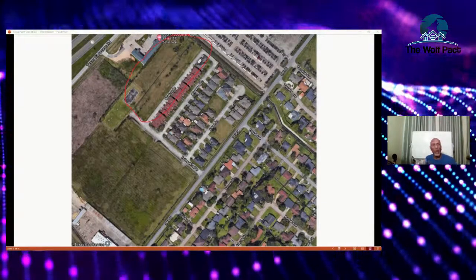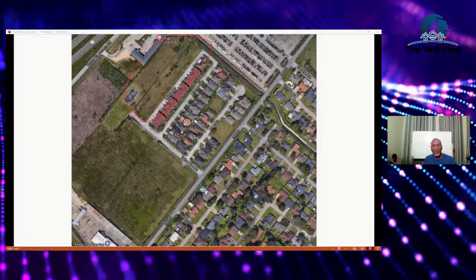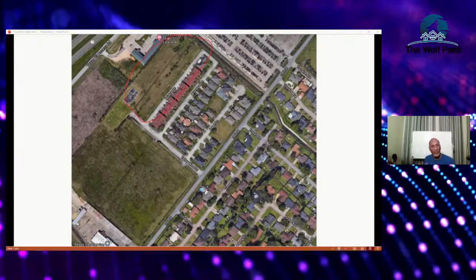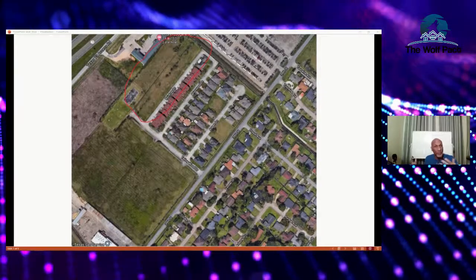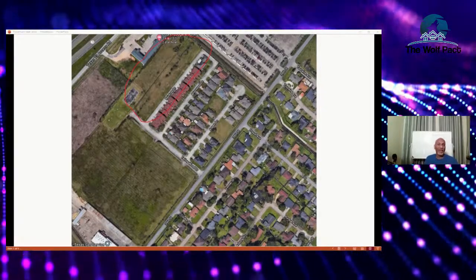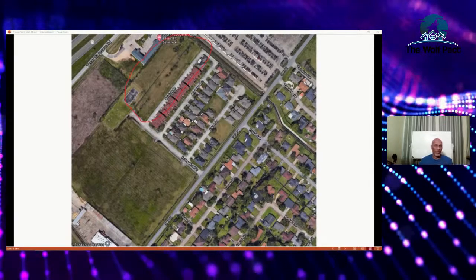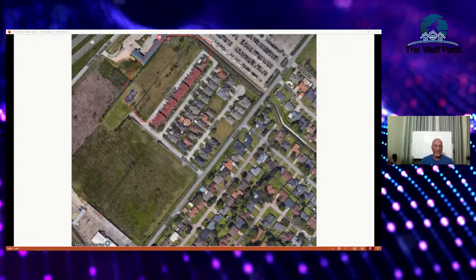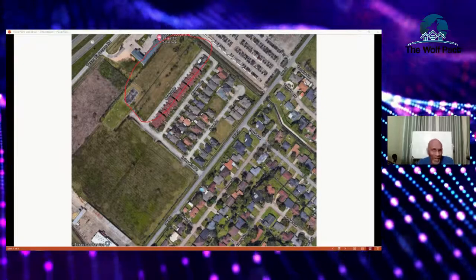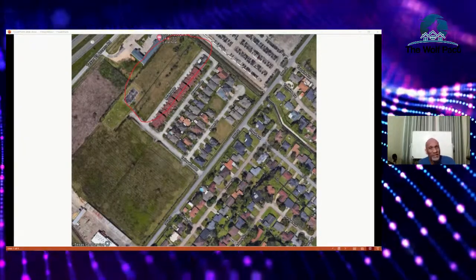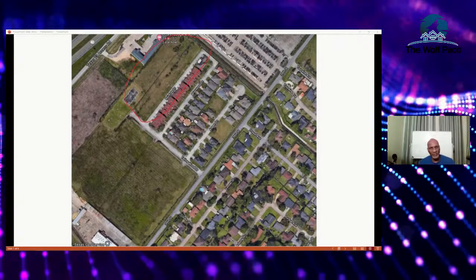You can get more units on there, meaning the lots can be smaller, and the more units you can get on there, the more profit you can make. So it makes sense to look at townhomes for this, and that's what we're looking at. So on this 3 acres, we're looking to get 30 townhomes on it.